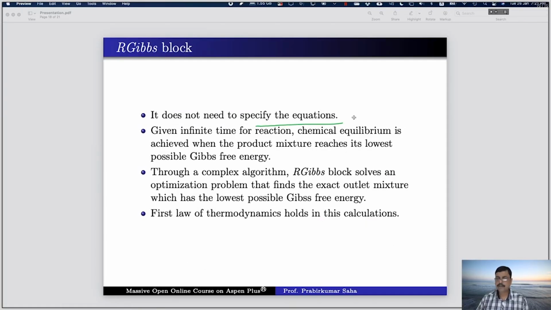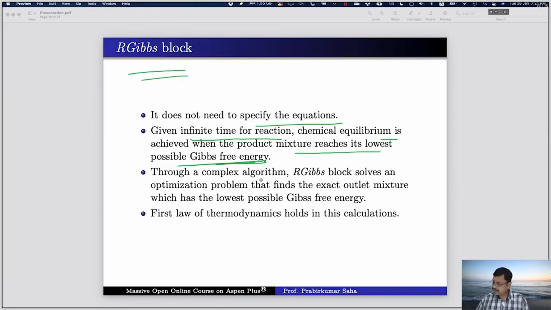It does not need the reaction equations to be specified. Given infinite time for a reaction, chemical equilibrium is achieved when the product mixture reaches its lowest possible Gibbs free energy. In other words, this block calculates the maximum extent of conversion that a reaction can achieve.